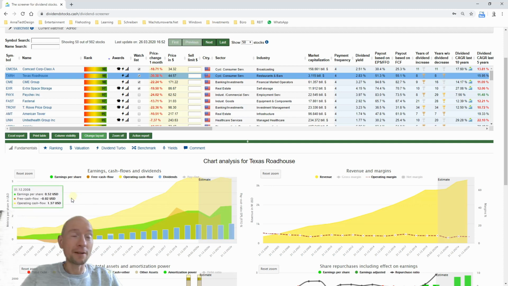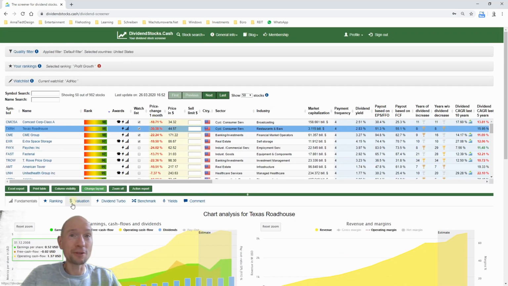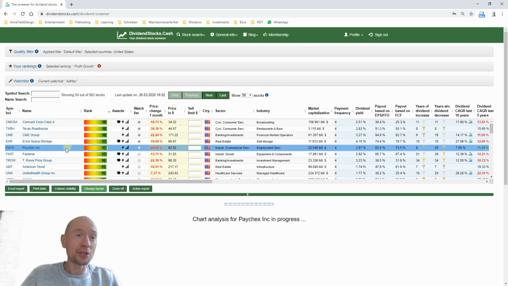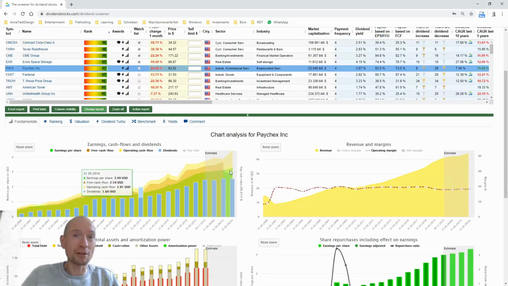And of course, you need to consider the special situation we are in. But I'm just telling you how, normally, in general, you make stock picking of first-class stocks, and these are first-class stocks. Look at Paychex. Just look at this single chart and you see that the stocks are first class.